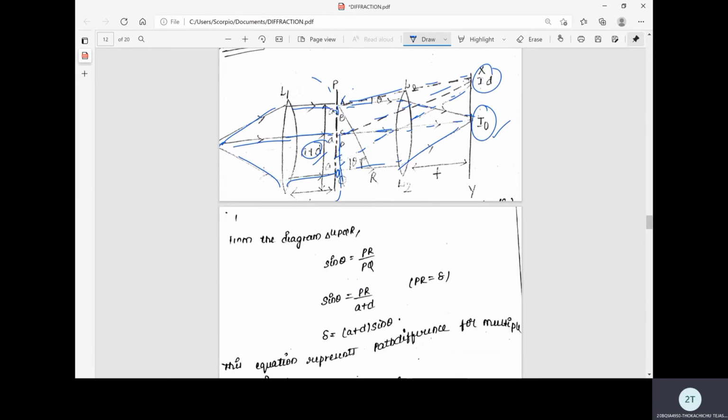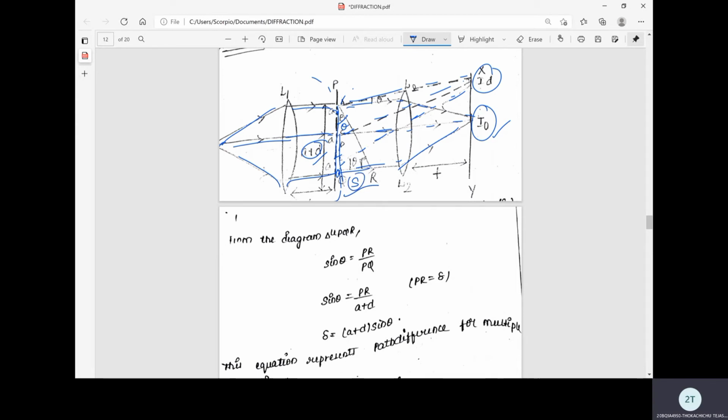So let's see the derivation for the path difference, that is QR, which is S in this experiment. Sine of theta, the angle of diffraction, is clearly the opposite side QR by the hypotenuse BQ.